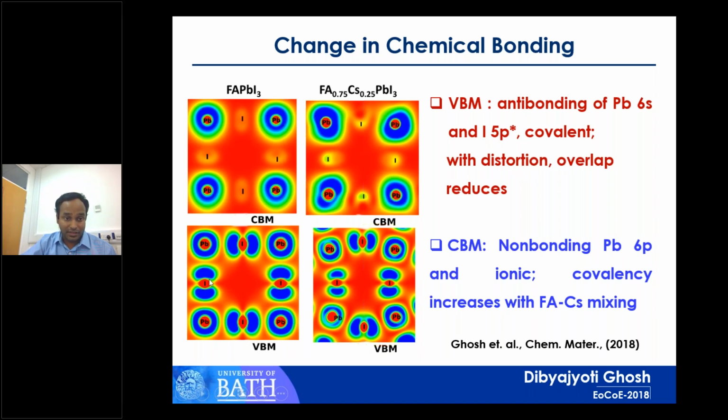They are anti-bonded, and because of this distortion, the iodine is no longer linear to the lead 6s orbitals. That type of distortion reduces the overlap between these anti-bonding orbitals, and that gives you the extra stability which you are finding here.